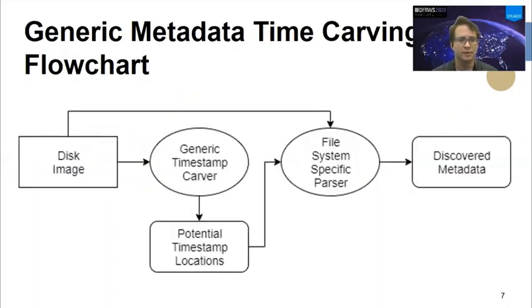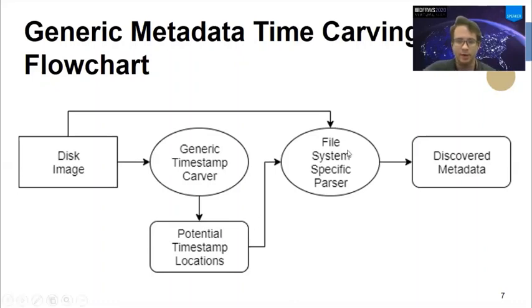This is a bird's eye view of our entire methodology for generic metadata time carving. You have your disk image, and we apply the generic components of our method, this generic timestamp carver, which produces a list of potential timestamp locations. You can try to use this to find and identify metadata entries, but it's going to include many, many false positives.